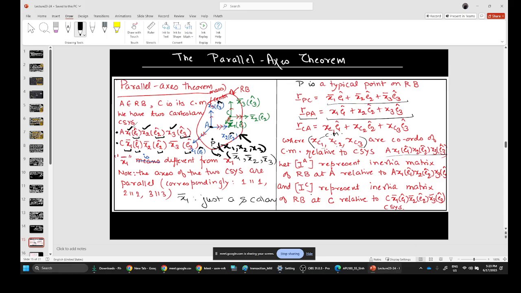And let IC represent the inertia matrix of RB at C relative to the blue coordinate system. I mentioned it as green. Whenever the origin is A, it is the blue coordinate system. Whenever the origin is C, it is the green coordinate system.